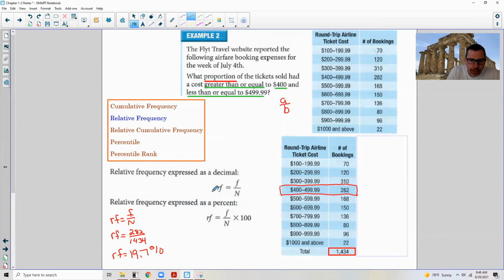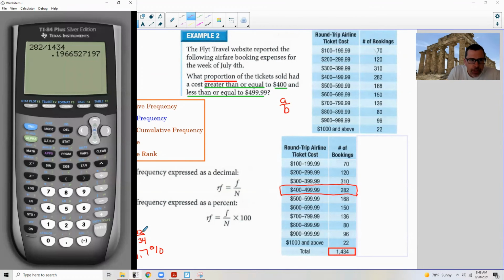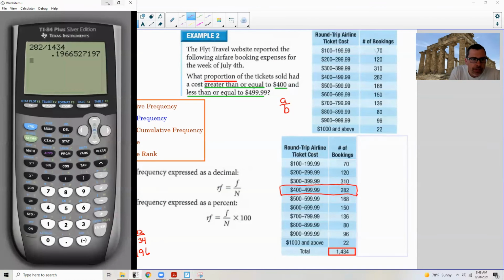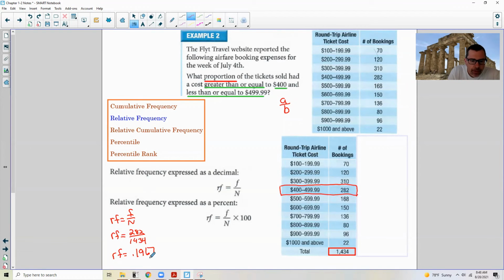So that's a percent, relative frequency expressed as a percent. If I look at my calculator, notice what I did. It is 0.1967. Let me do that before I go to percent. So the relative frequency is 0.1967.